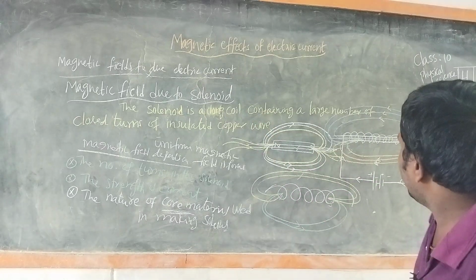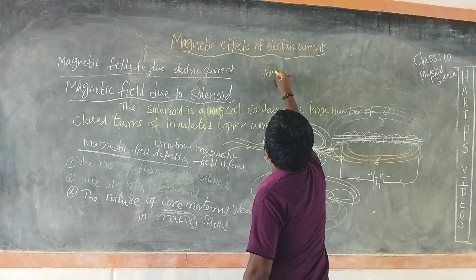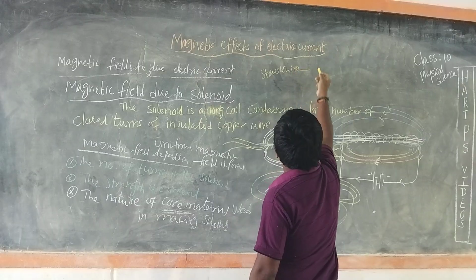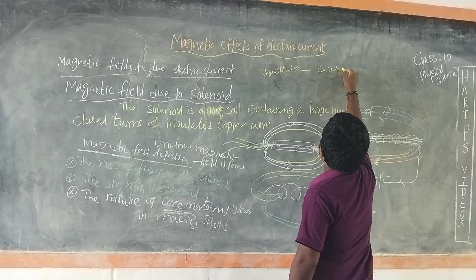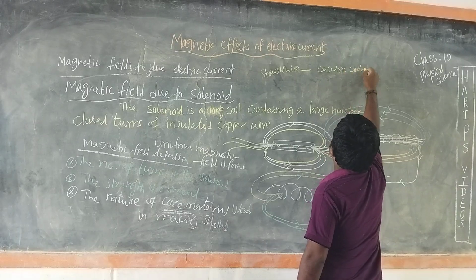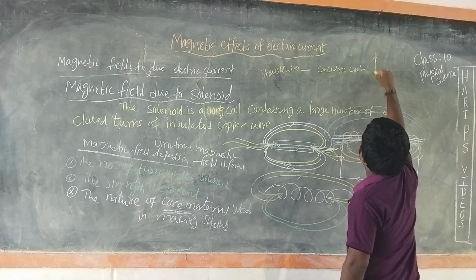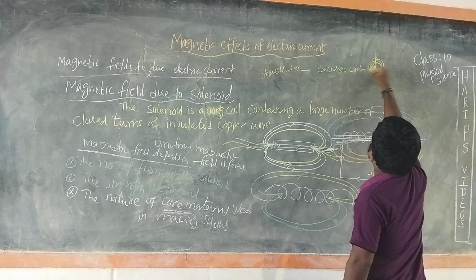In case of a straight wire, the magnetic field is in concentric circles. If this is the direction of current, the magnetic field is formed like this.